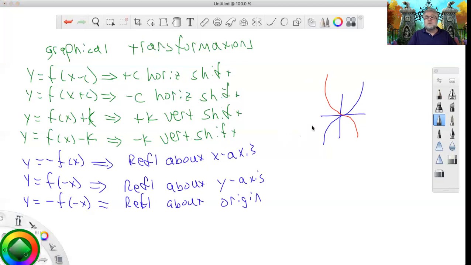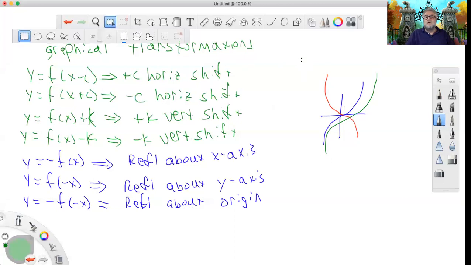So we do a bit of a flippity flop and get back the same thing again. So that's a bad example. It would flip the red one this way and you end up right on top of the blue one, so you'd end up with what you started with. But anyways, it would be a reflection about the origin.